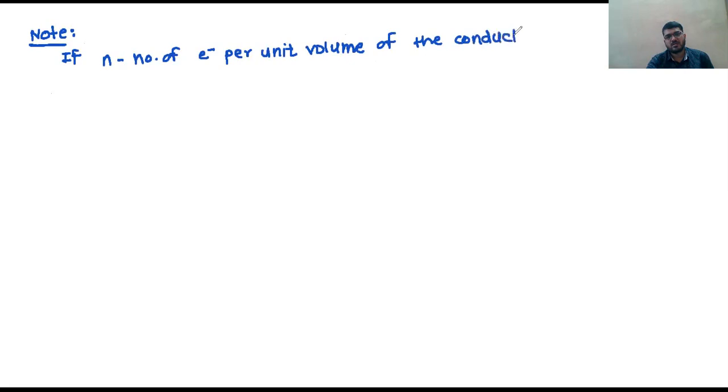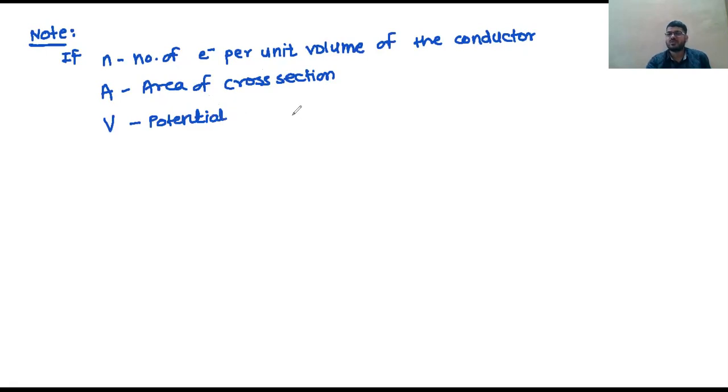If n is the number of electrons per unit volume of the conductor, A is the area of cross section of the conductor, V is the potential difference, meaning the battery, how much potential you have used, 2 volt, 4 volt, 6 volt, 9 volt, 20 volt, whatever it is.